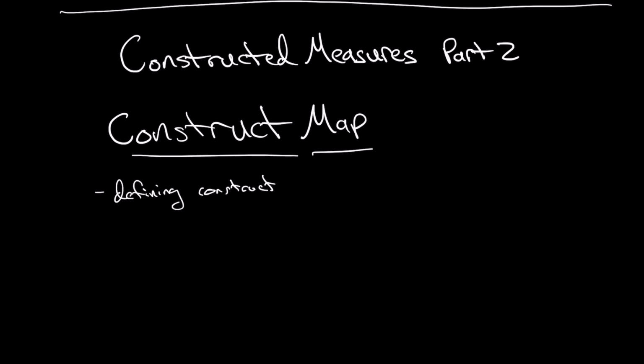Now, we can go back and forth and develop really elaborate and amazing definitions for these constructs, but we also can move forward with these definitions in terms of how they relate to measurement. And so that's really the goal: to develop a construct map that relates our construct definition to the items, people, and our scores.